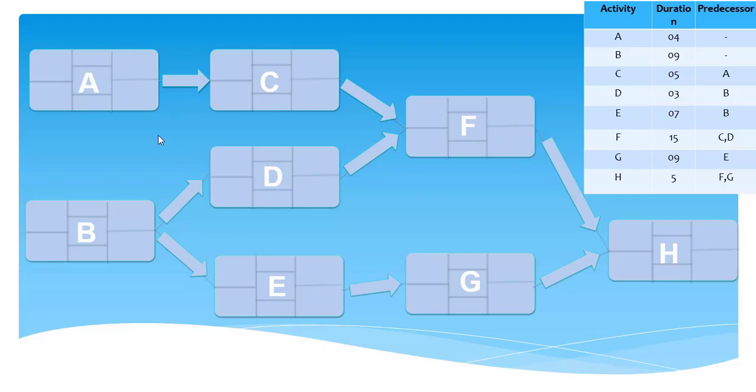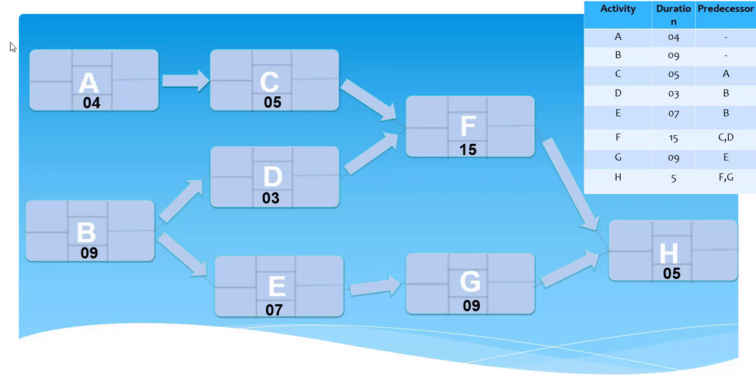Now next thing we have to do is give duration to each activity, and the duration of activity A is 4 days, and for B it is 9. Likewise you can see for H it is 5 days. Okay, you can see this duration here in this table as well.